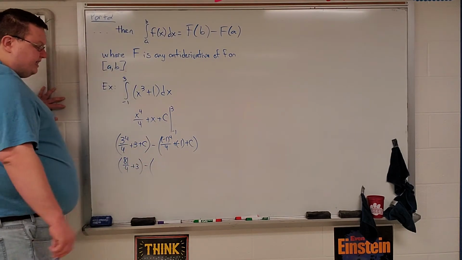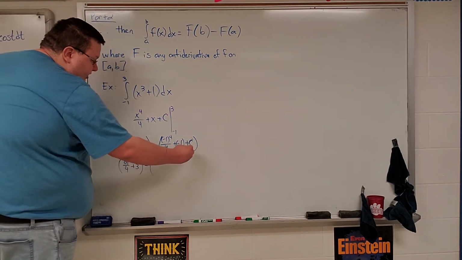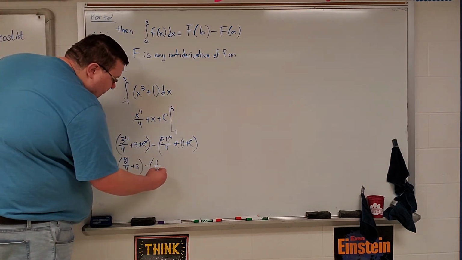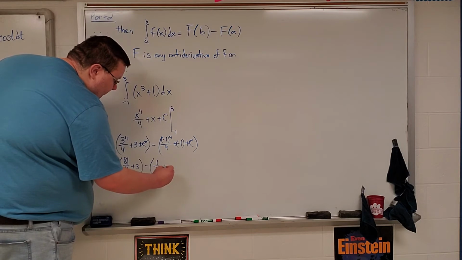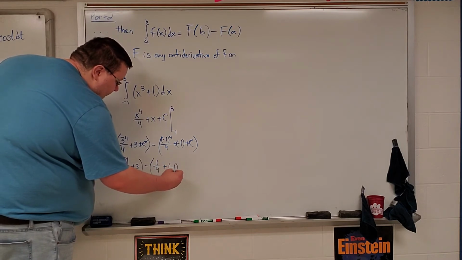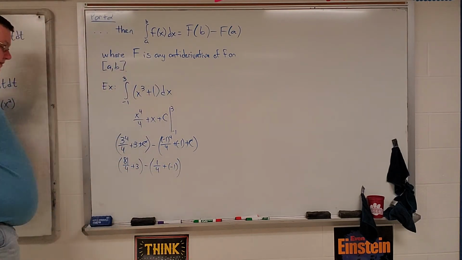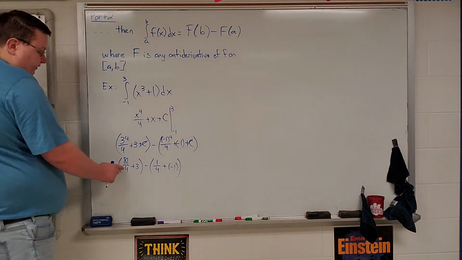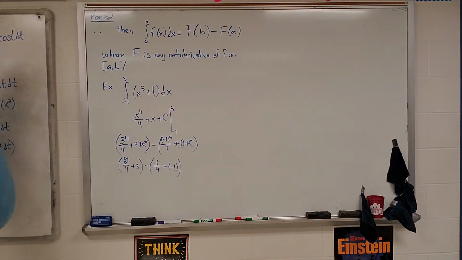I'm losing the c, by the way, because those are going to cancel each other out. -1 to the 4th is +1 divided by 4 plus a -1. And 81 over 4 plus 3 gives me 93 over 4.